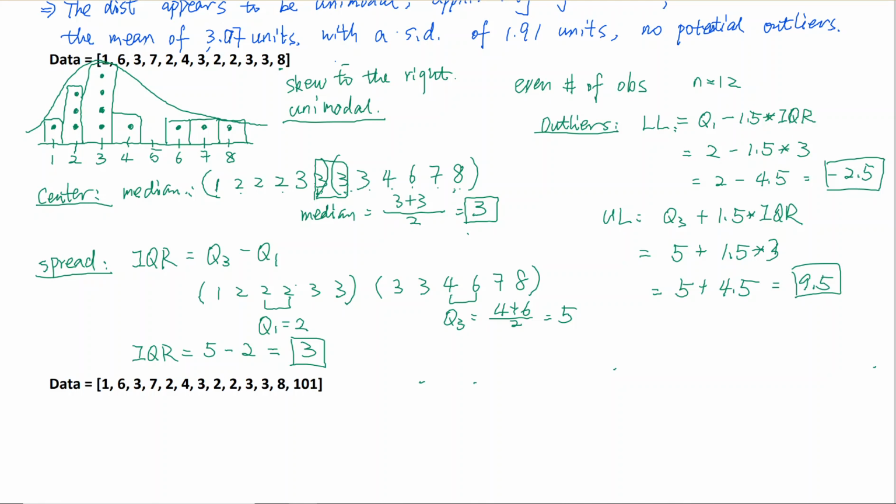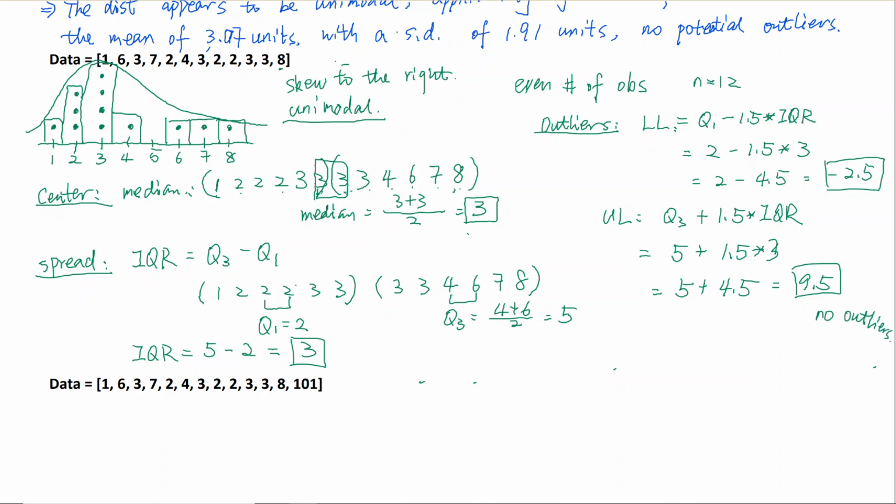So we say any value outside this range will be the outliers. So we have the maximum is 8. So 8 is still in this range. That means the 8 is not an outlier. That means 6 and 7, of course, will not be outliers too, right? So for this case, we say no outliers.